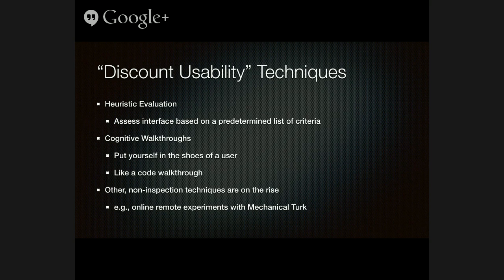Often they were Fitts's law sorts of things in the early days. Nowadays, there's a lot of expansion in the types of things you can do with crowdsourced development, but comes with that a lot of ethical concerns that we'll talk about a little bit later.